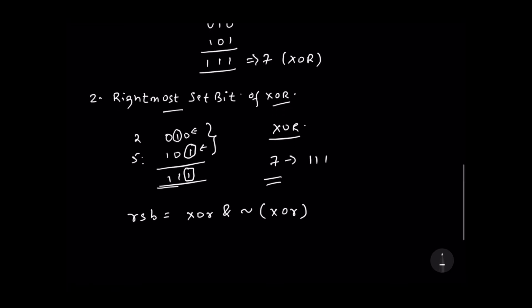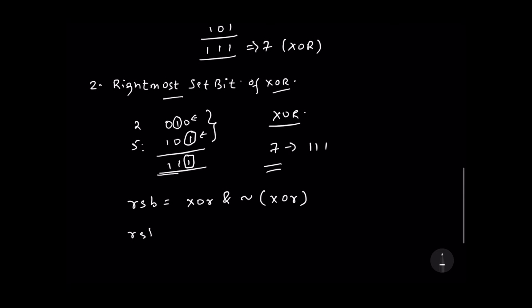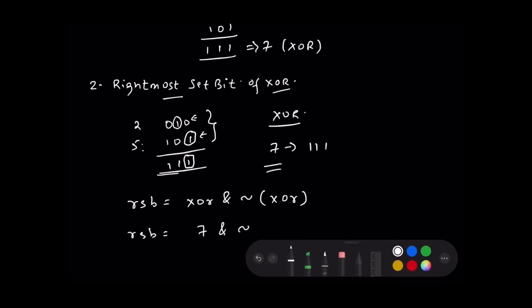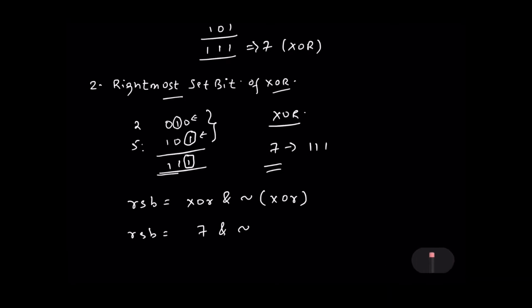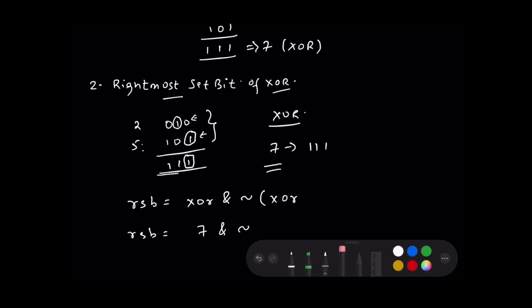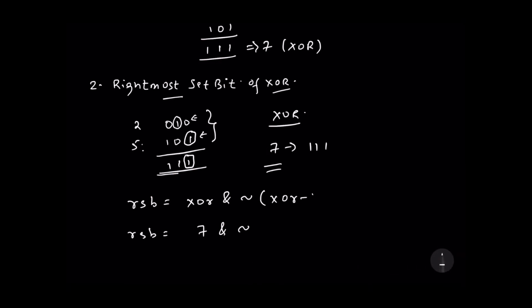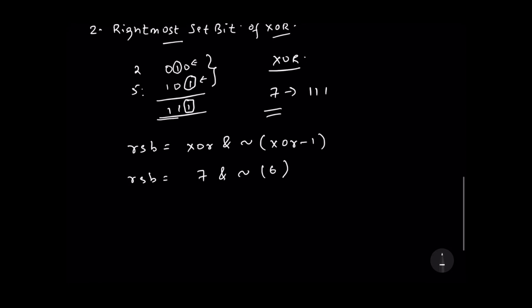So let's see, what is my XOR? 7 and not, I'm sorry, this will be XOR minus 1. So what is 6? 6 is 110, and not of 6 will basically be 001. 0 0 1 is 1, so this basically means 7 and 1.